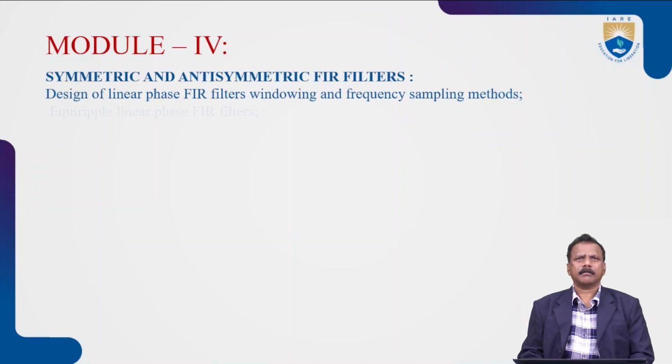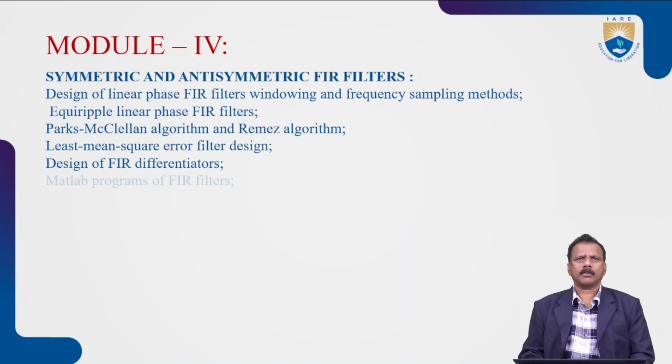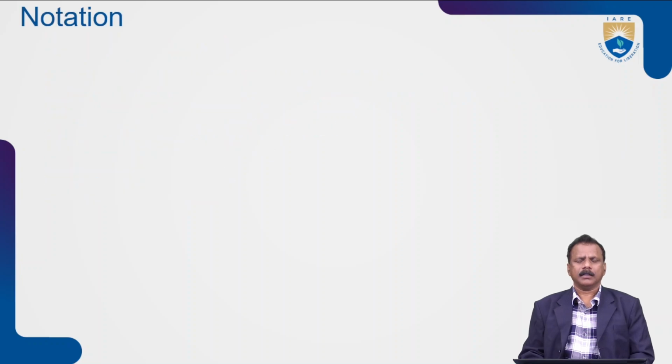Today we are discussing symmetric and antisymmetric FIR filter design aspects. Here, this is from that model. We'll try to cover it. From this, you have to follow this particular notation for designing a FIR filter.